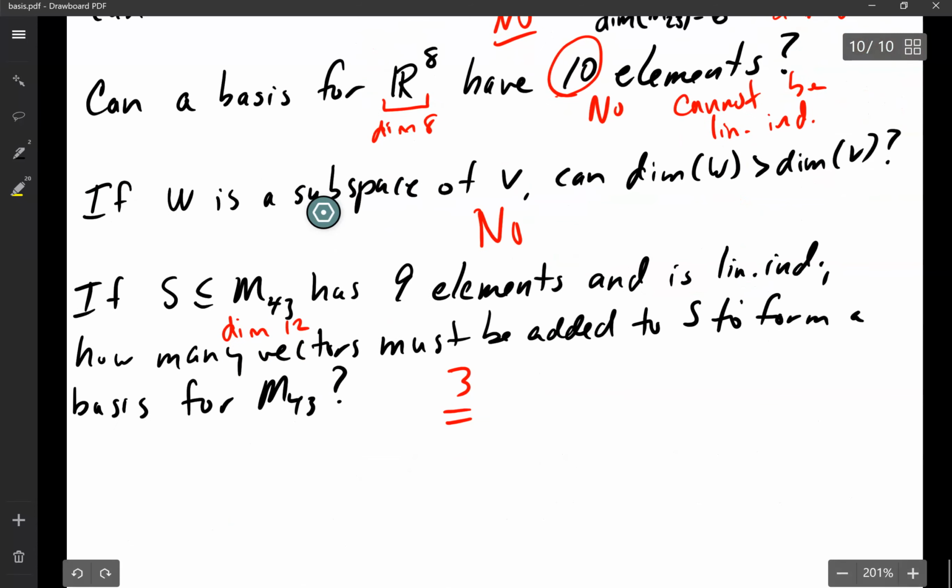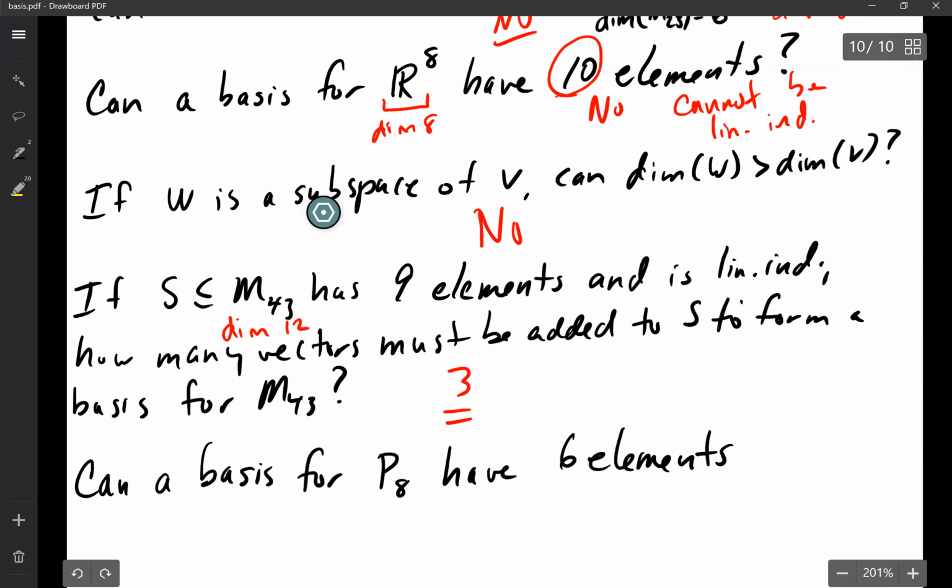Along those same lines, if you were asked, can a basis for P8 have 6 elements? The answer to that would also be no. The dimension of P8 is 9.